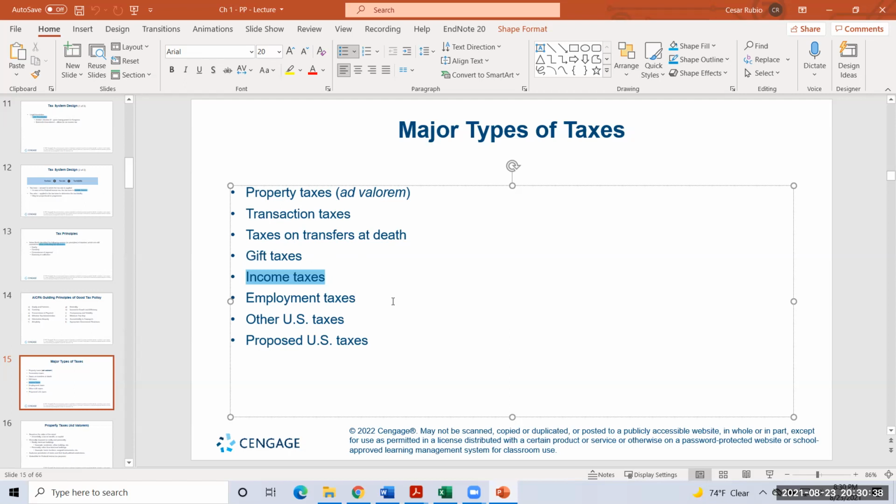Employment taxes. This has to do with the payroll taxes that you pay, especially if you're self-employed and you have employees. Then you're going to have to pay payroll taxes, and you have to pay FICA taxes. And if you're the employee, you still have to pay FICA taxes.